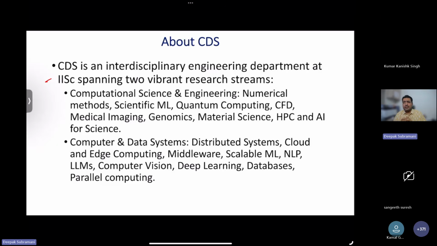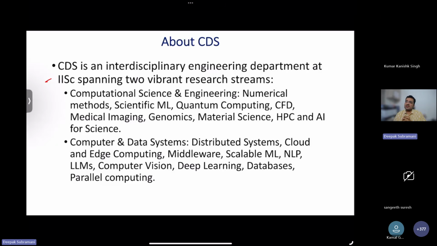Broadly, the department contains very vibrant research streams. The first stream is the computational science and engineering stream, which focuses on numerical methods and scientific machine learning. More and more today, almost all labs do some amount of machine learning in the scientific machine learning sense.